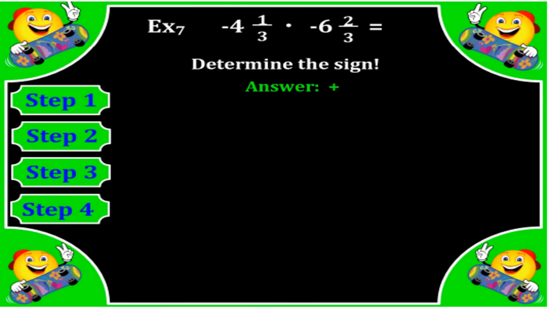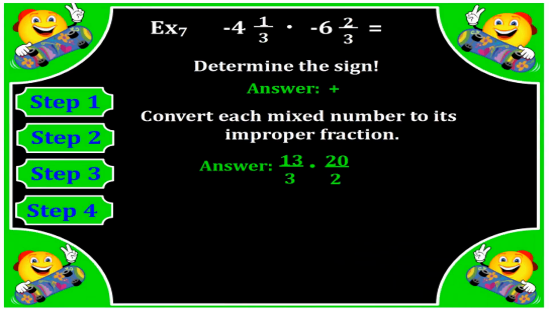Okay. So, meron tayong steps to follow. Ayan. So, determine the sign. So, answer is positive. So, convert mixed numbers to improper fractions. Itong mga example natin, gagawin muna natin improper fraction para mabilis tayong mag-times. Paano magiging improper fraction?